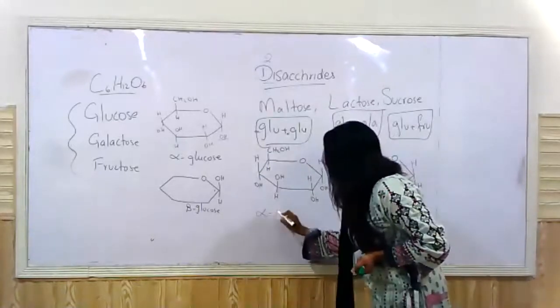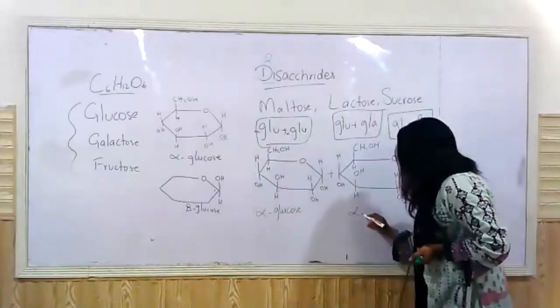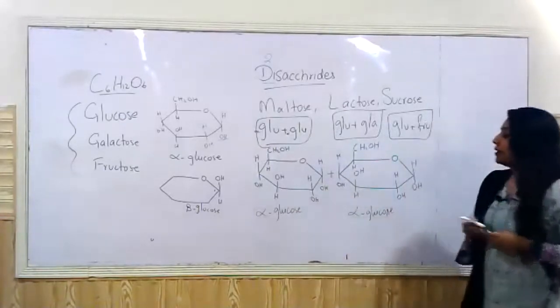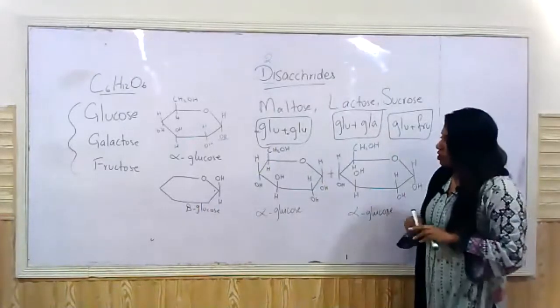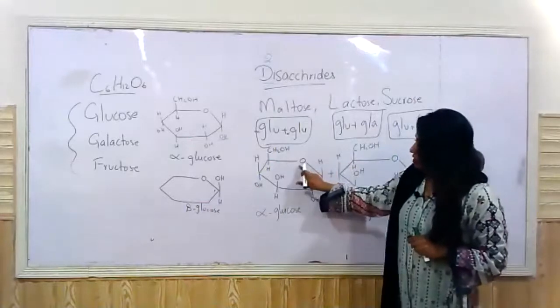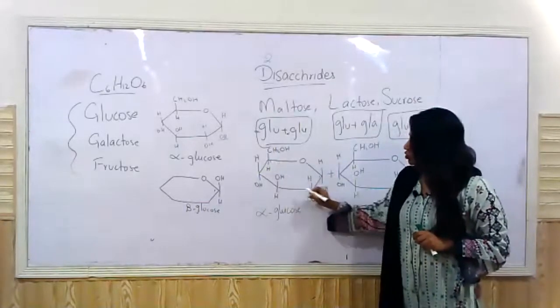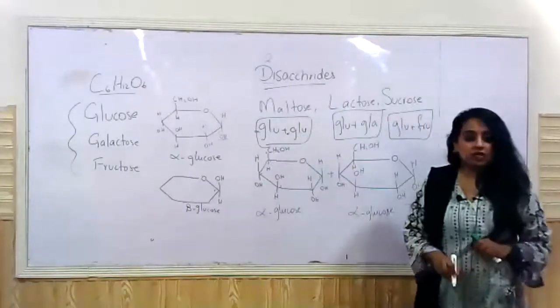So alpha glucose here and an alpha glucose molecule here. So what happens now? You also need to remember the number of carbons, right? So if I start numbering, oxygen has number 1 here and number 5 here. So this is number 2, this is number 3, this is number 4, and this is carbon number 6, right?